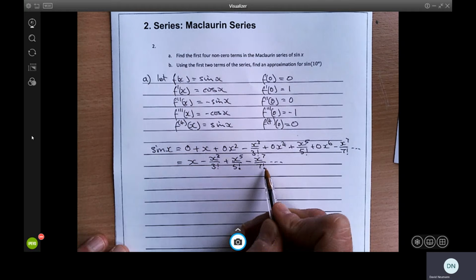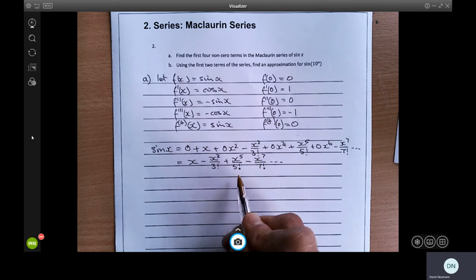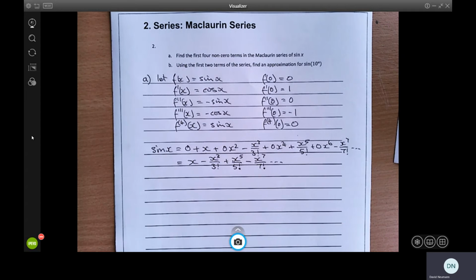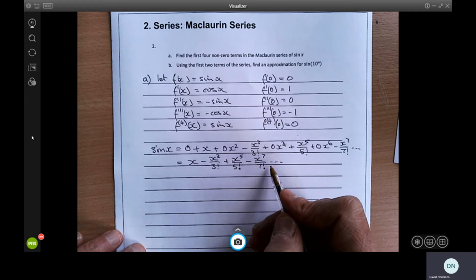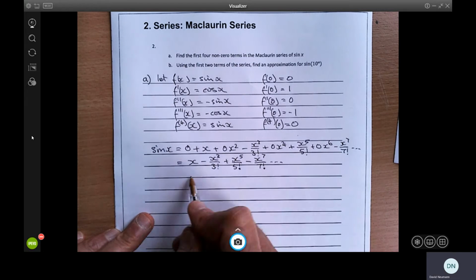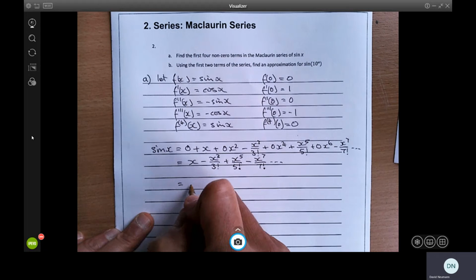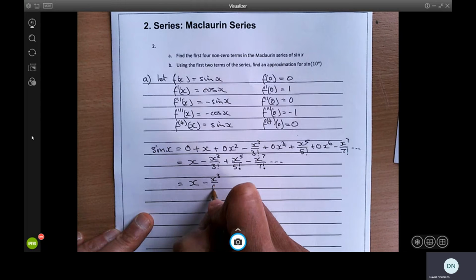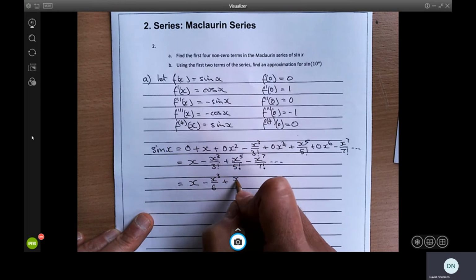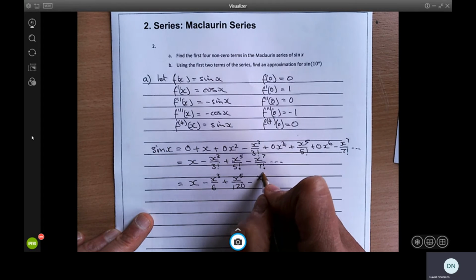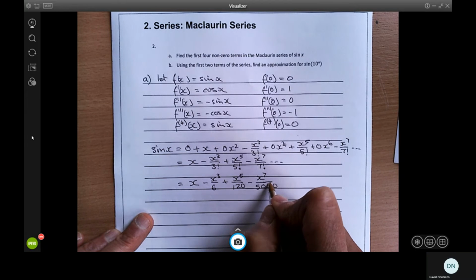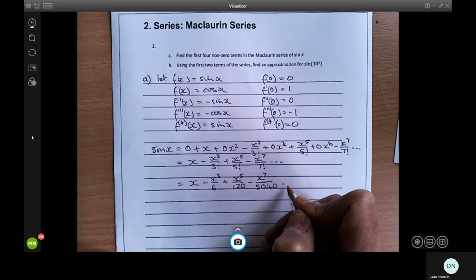Now we could write out the values of these denominators, but it is normal to leave this in the form with the factorials in, because it's a bit easier to see the pattern there. Let's just see what those are though. x minus x cubed over 6 plus x to the power of 5 over 120 minus x to the power of 7 over 5040. There we are.